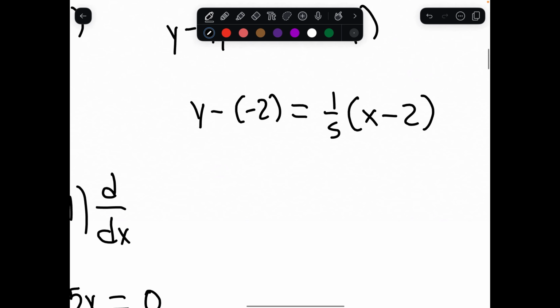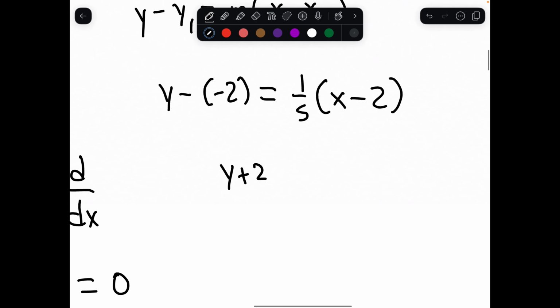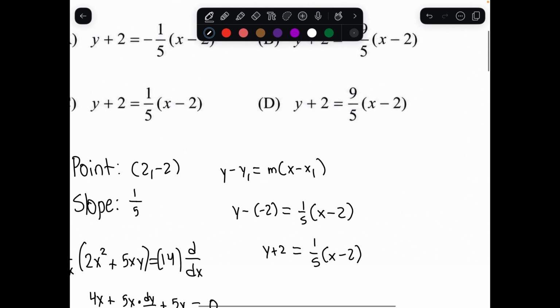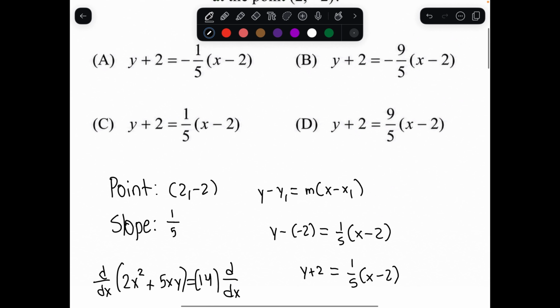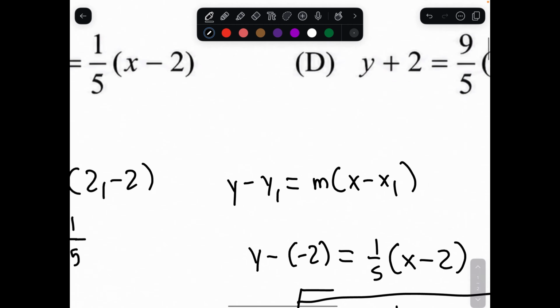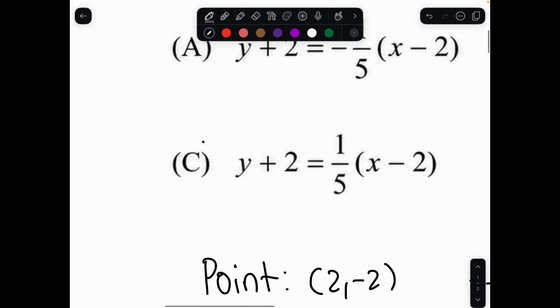So this gets you y plus 2, as a negative times a negative makes it a plus, equals 1/5 (x minus 2). First, let's see if we need to simplify any more. No, we do not. So let's look for this answer, and that matches answer choice C.